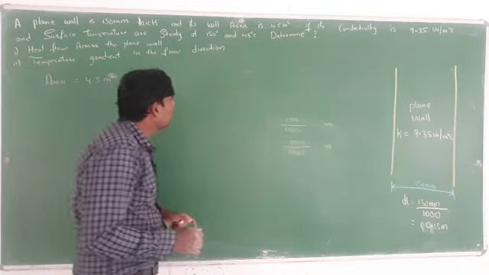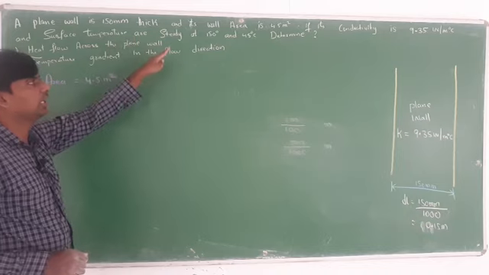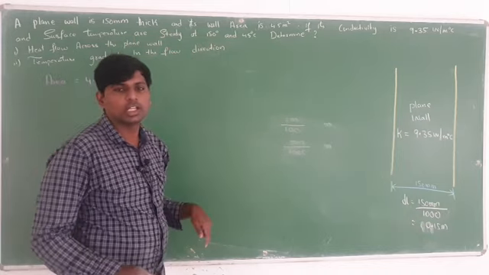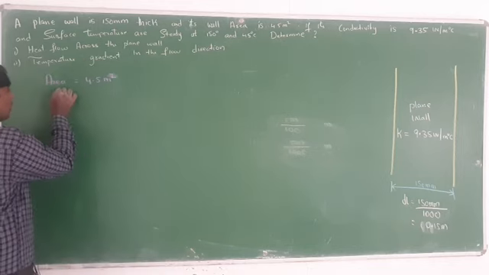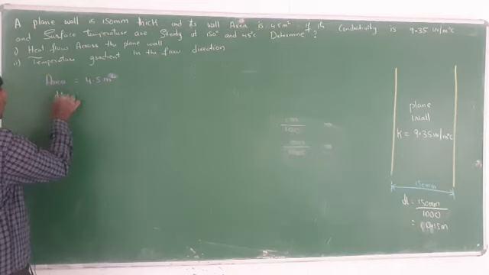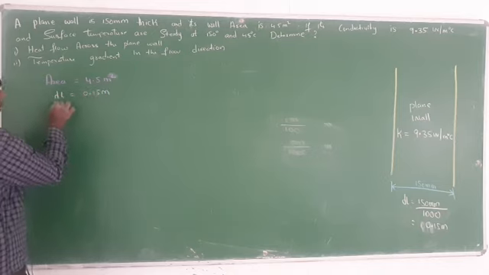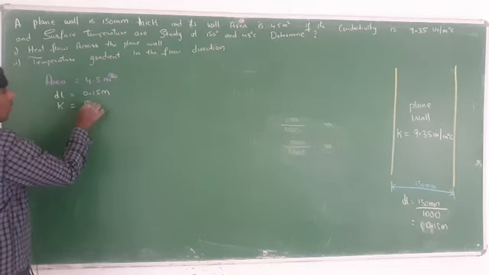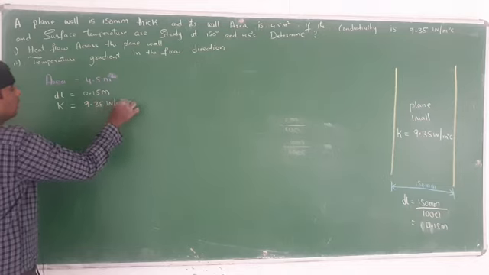Okay. After that, what is given? The surface temperatures are steady at two temperatures, 150 degree and 45 degree. So first I will write L is equal to 0.15 meter, and K is equal to 9.35 watt per meter centigrade.